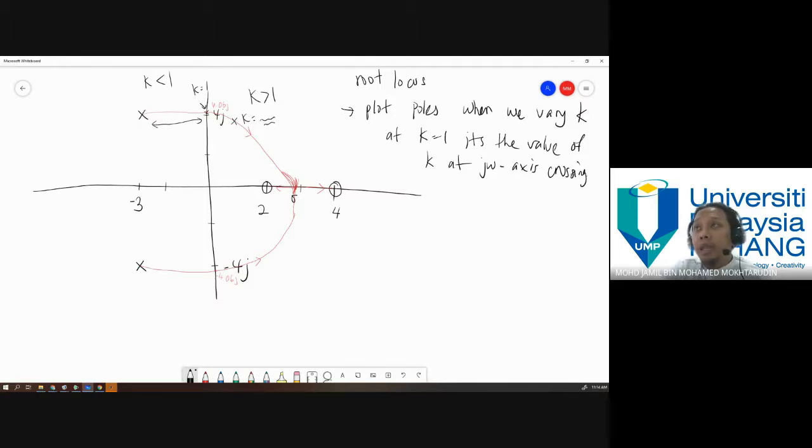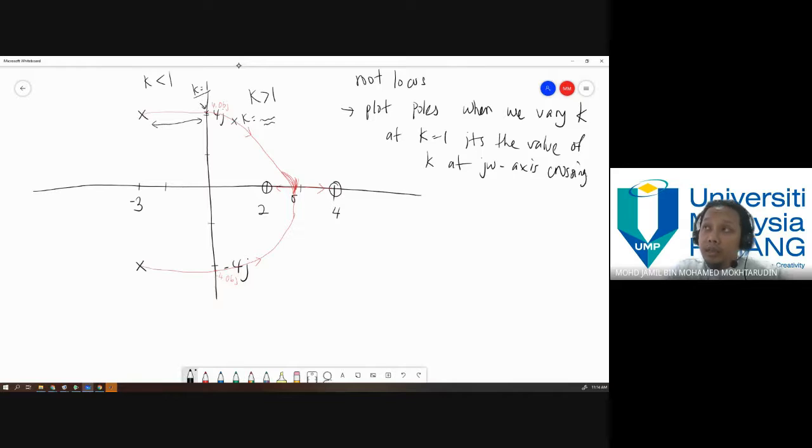But if we just simply change k, let's say in MATLAB, without calculating what value of k, you don't know whether the system is stable or not. By producing the root locus, we can first determine this k at JW axis crossing, and from here we can change the value of k.